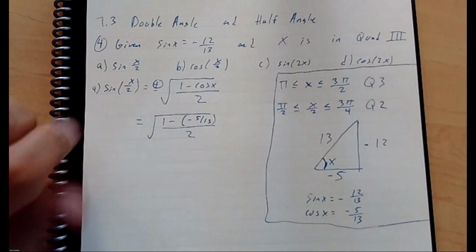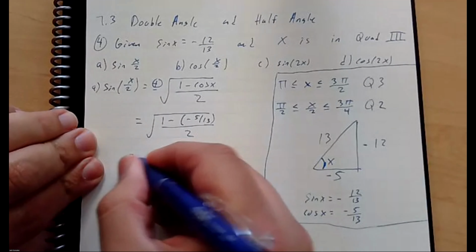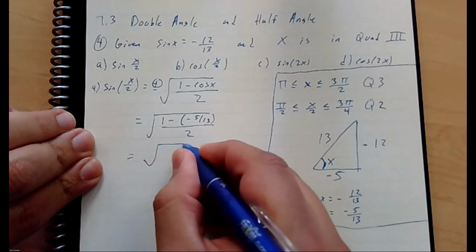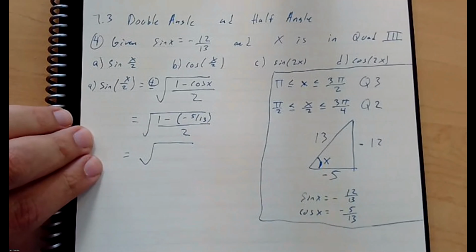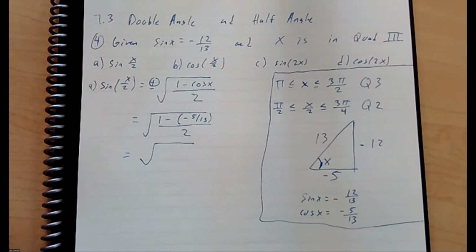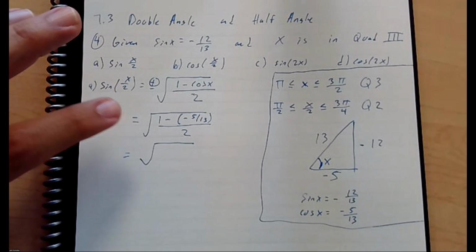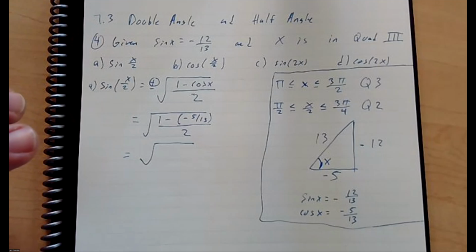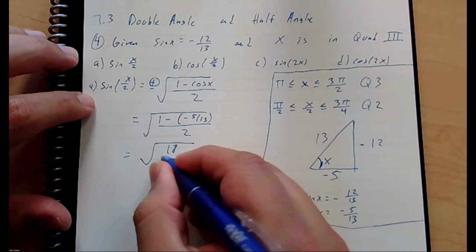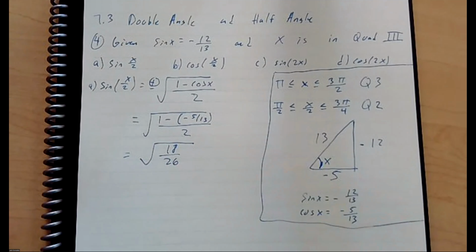And then we're good. I mean, technically that's our answer. I'm gonna skip the simplification to save some space. That would be 1 plus 5/13, the double negative, divided by 2. That would be what? 18/26, which reduces a little more, but I don't care.